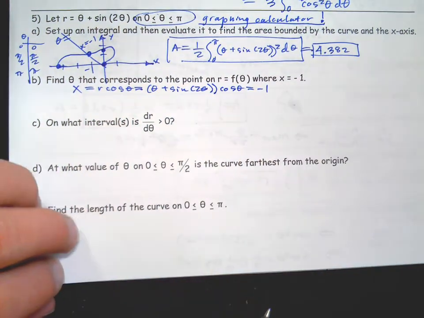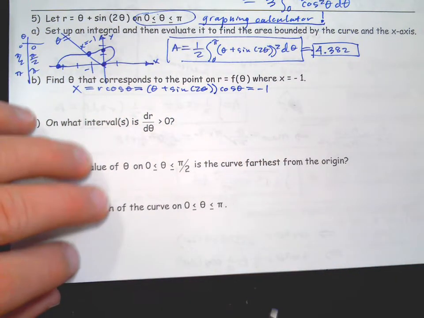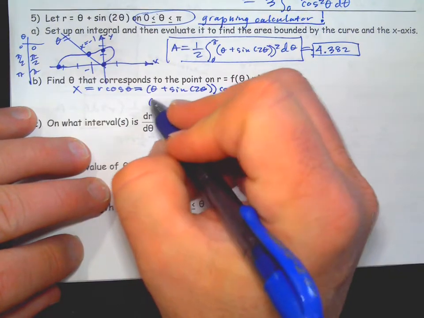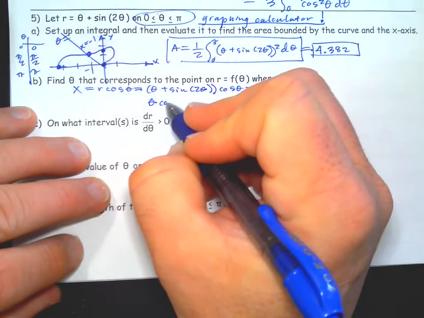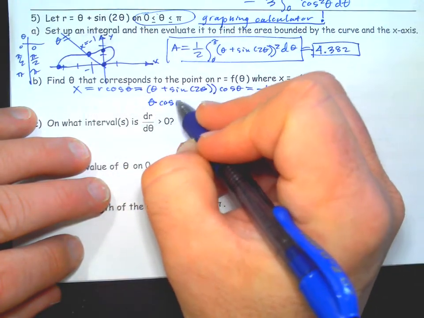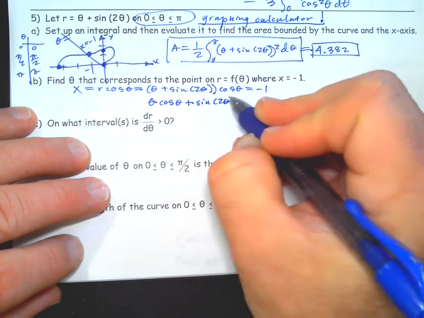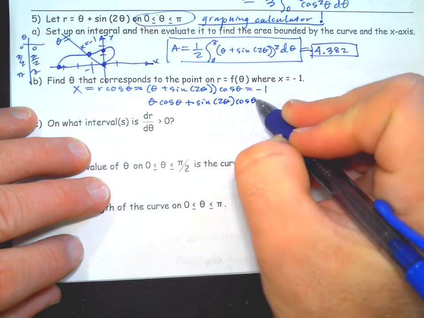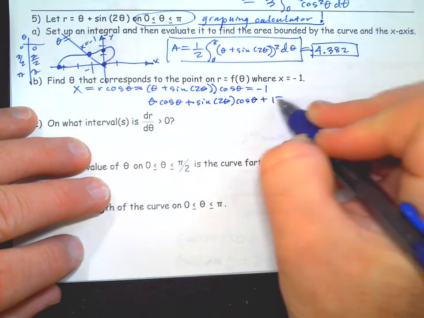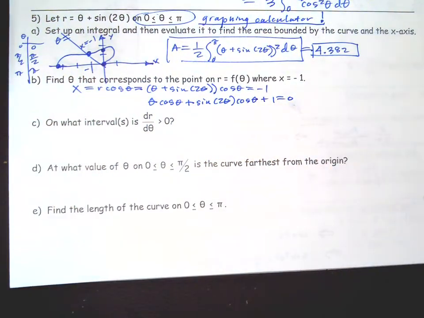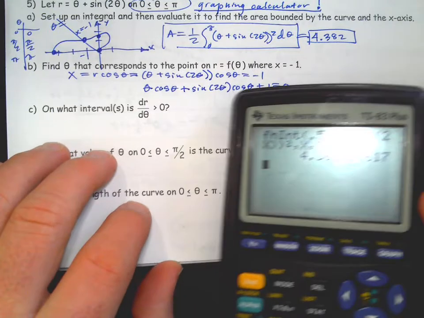So we've got to solve that. On my calculator, you could distribute this if you want, but I don't know if that's super helpful. I would move the 1 over here, equals 0, and solve that on my calculator. I know the answer should be between 0 and pi, so that's going to help me set my limit.